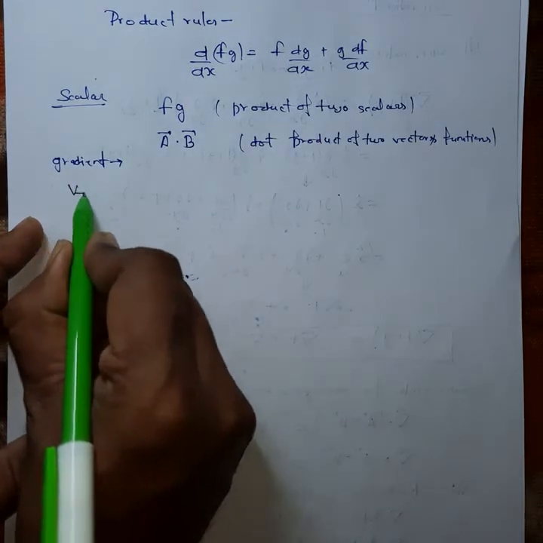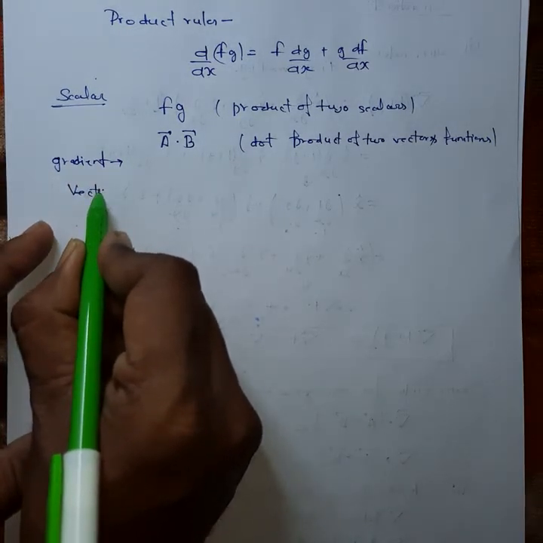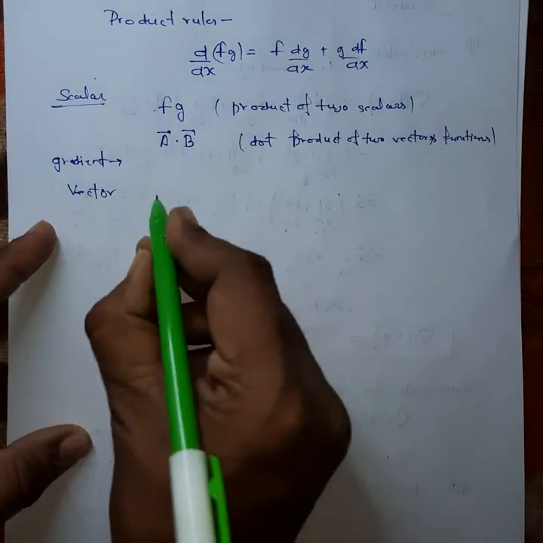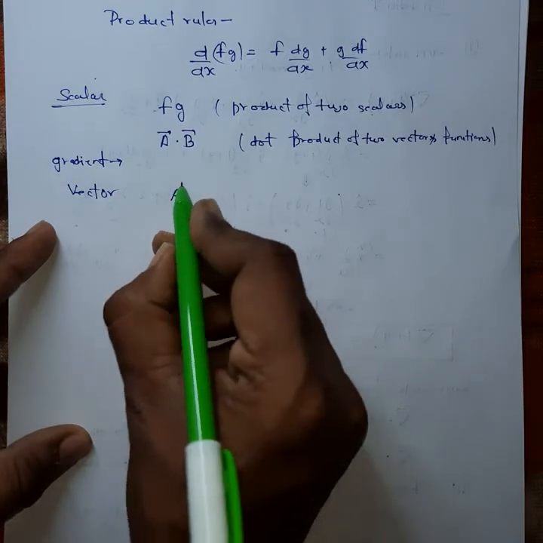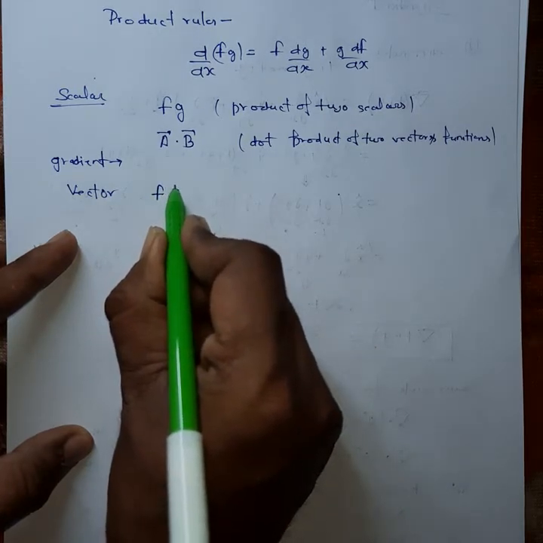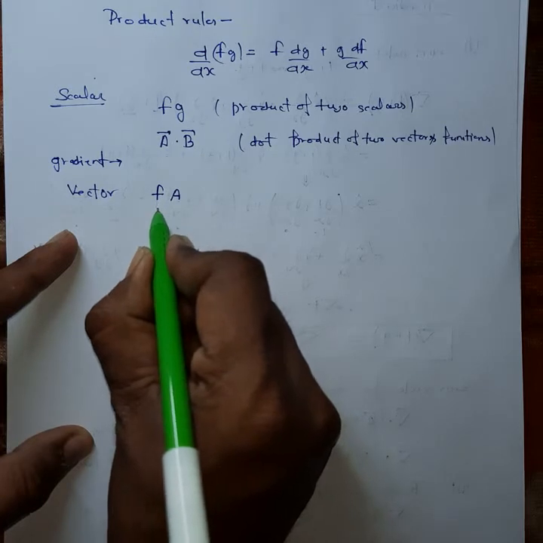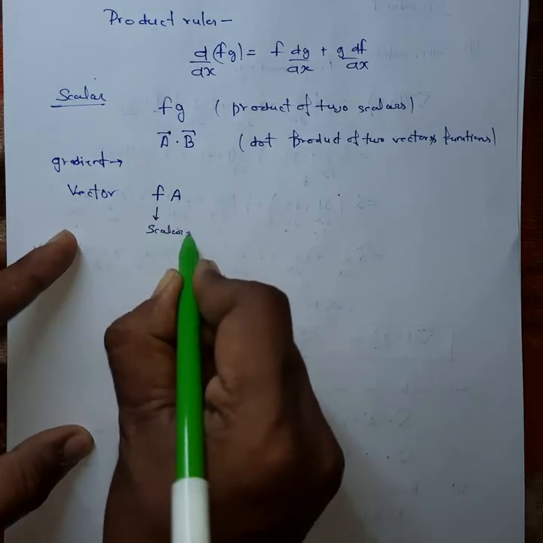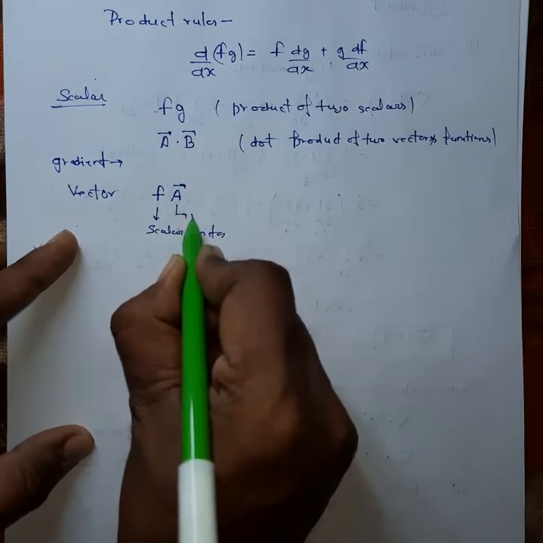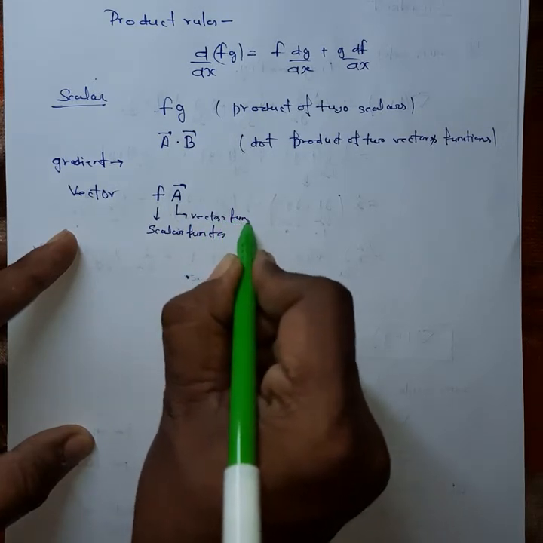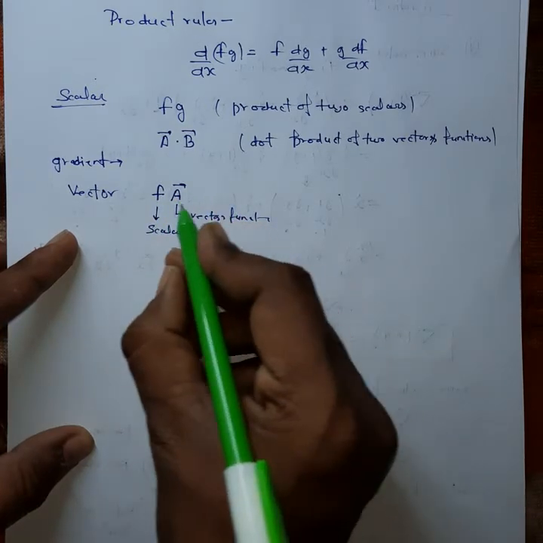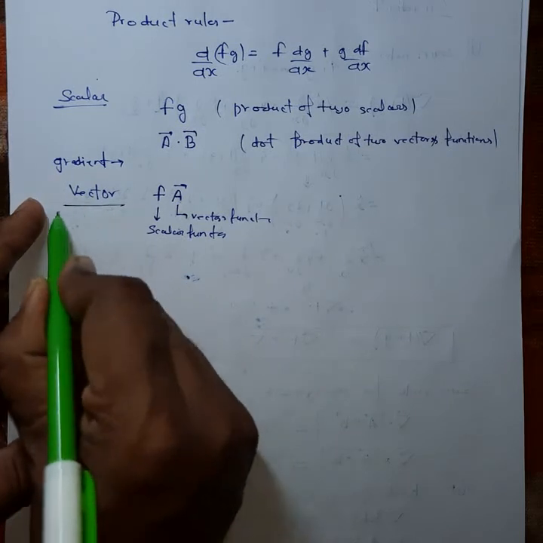Similarly, as you know that curl and divergence act on vector functions, you can construct vectors in two ways, by multiplying a scalar function f with a vector function a.